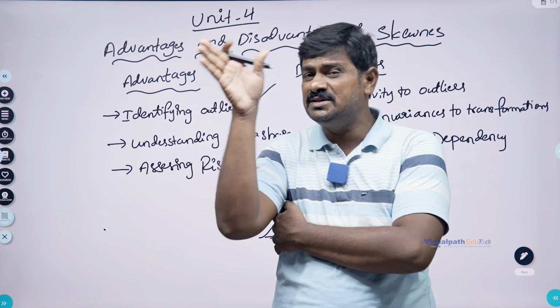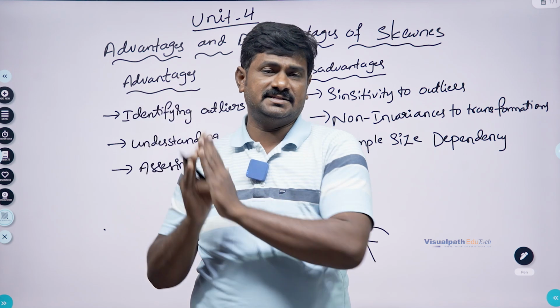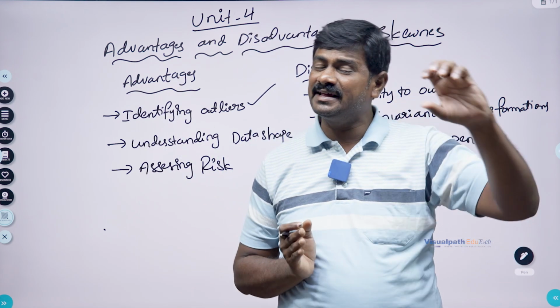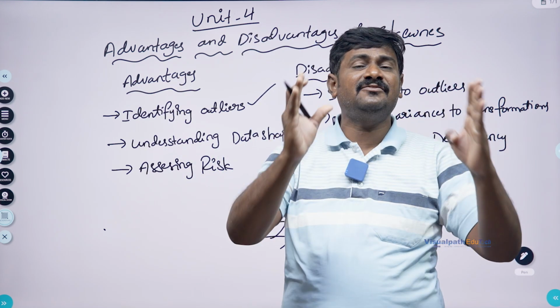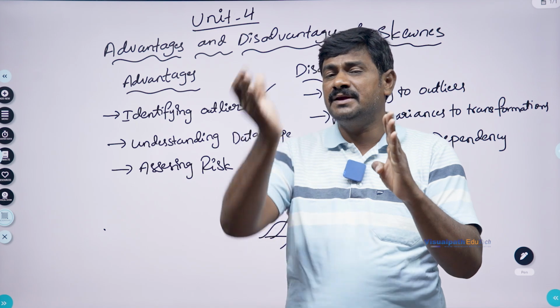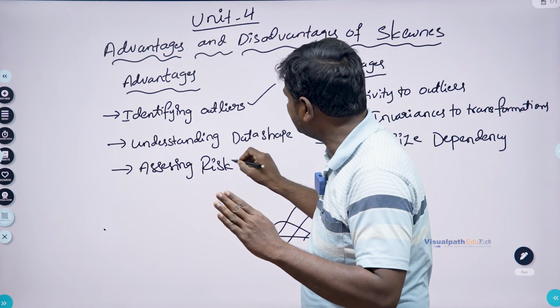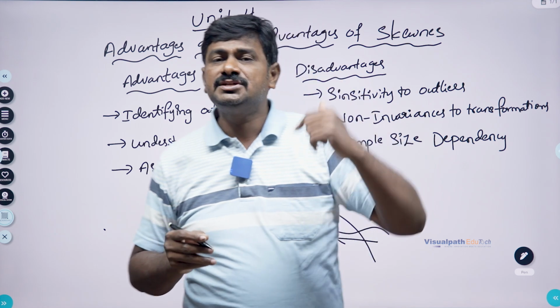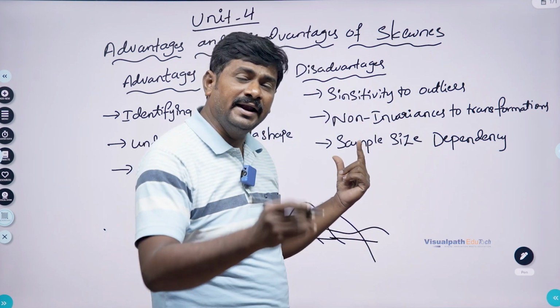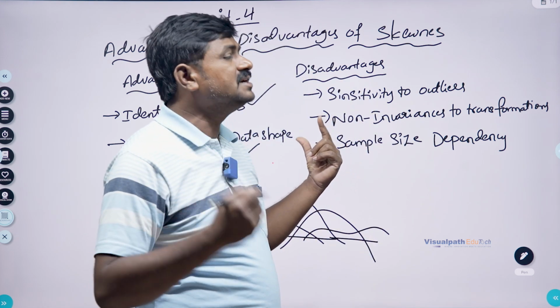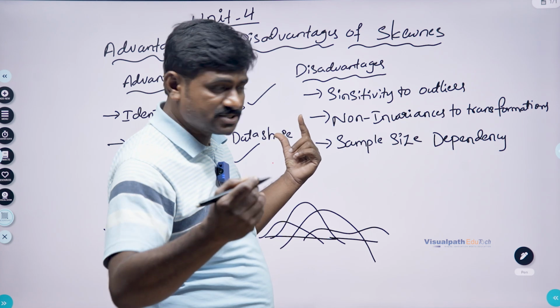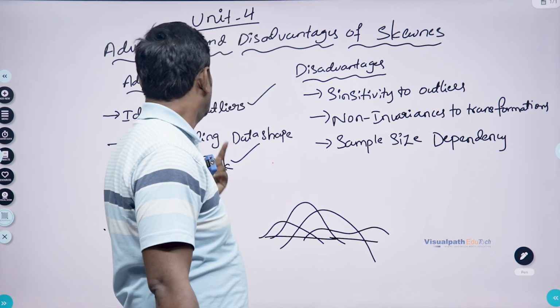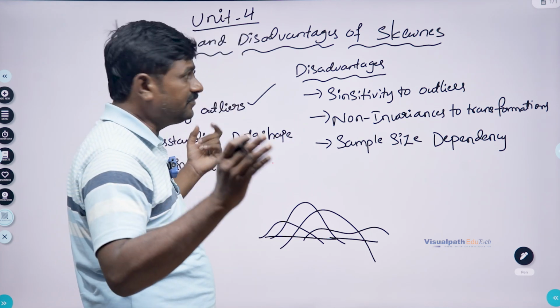If it is positively skewed, we can get more returns; if it is negatively skewed, we get fewer returns. Based on that, we can identify share price movements and assess the risks. Mostly skewness is helpful for share prices, to identify the risks involved in the various shares of the stock markets. Those are the different advantages we get with the help of skewness.